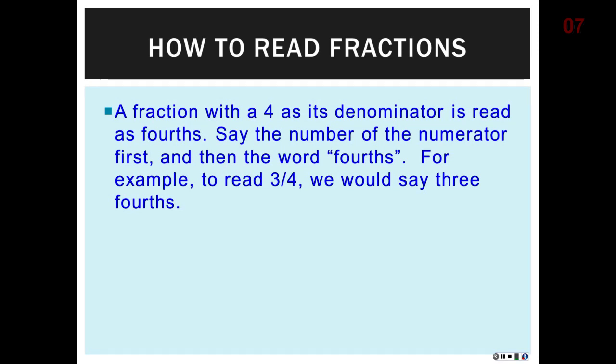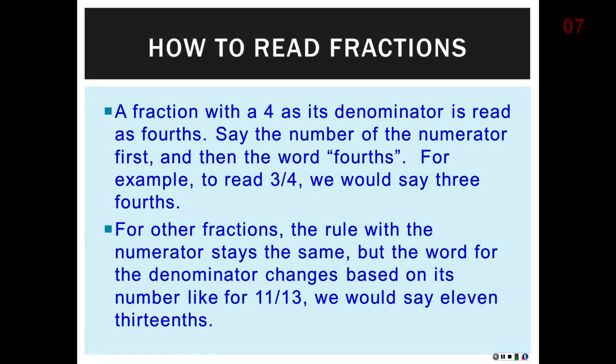For example, to read 3 over 4, we would say 3/4. For other fractions, the rule with the numerator stays the same, but the word for the denominator changes based on its number. Like for instance, 11 over 13, we would say 11/13. I want everybody to say that. 11/13. Okay, good.